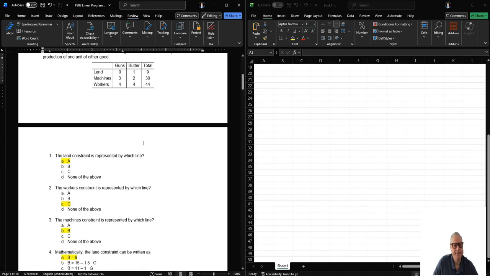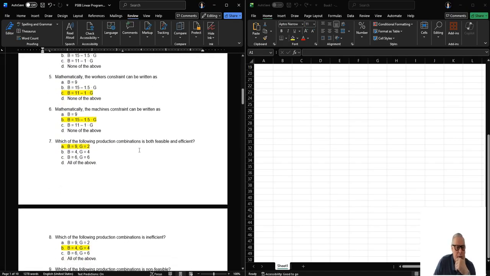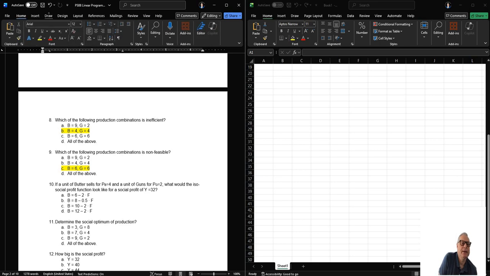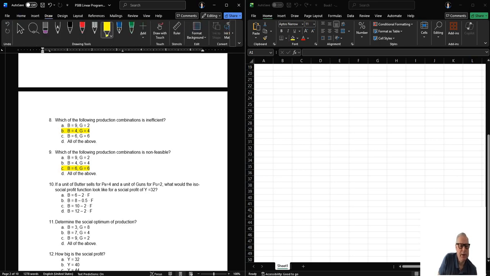Okay, so if a unit of butter sells for 4 and a unit of guns sells for 2, so butter is twice as valuable, then what would the iso profit function look like for y equals 32?